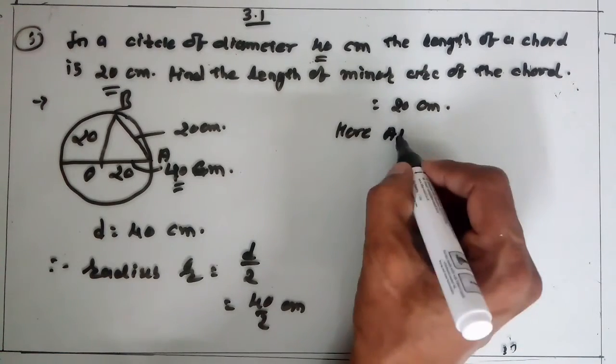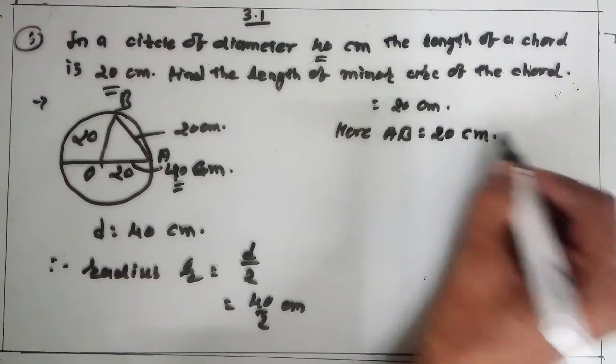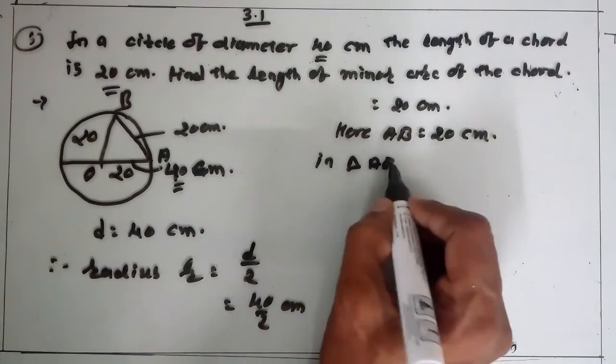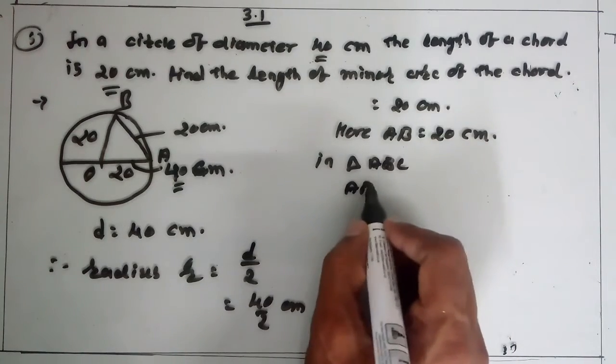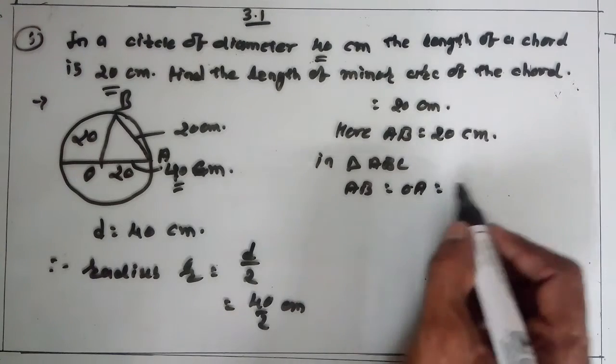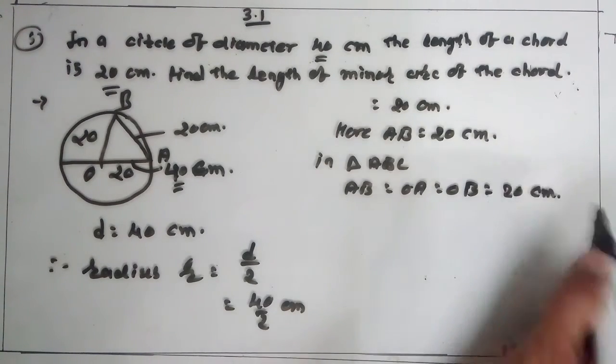Here the length of chord AB is equal to 20 centimeter, given. So in triangle OAB, AB is equal to OA is equal to OB is equal to 20 centimeter.